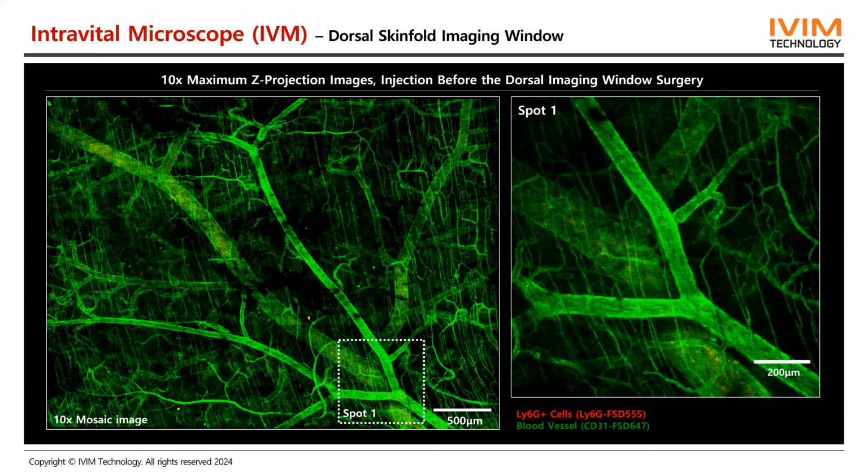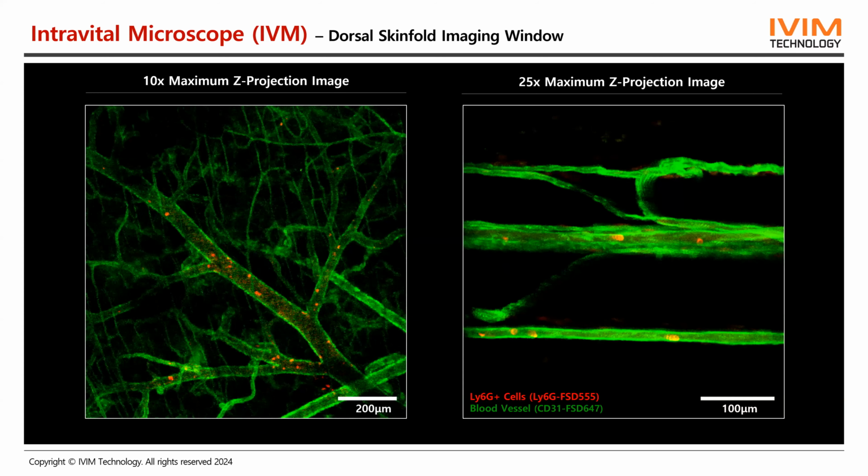Furthermore, if researchers choose a better resolution objective lens, such as the 25 times water immersion lens, such crystal clear imaging at the cellular level can be obtained without any delay.